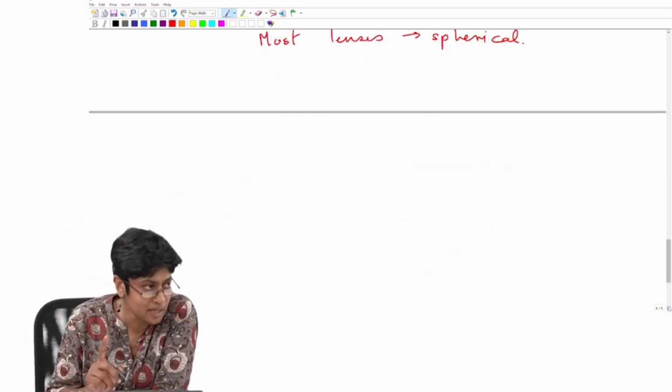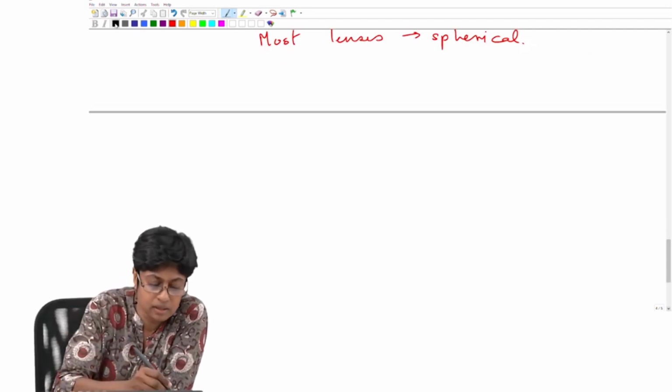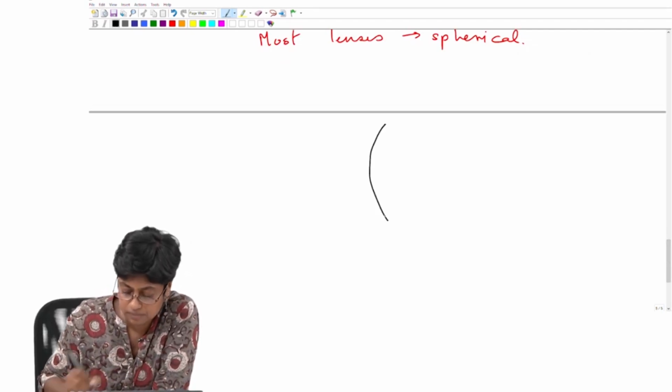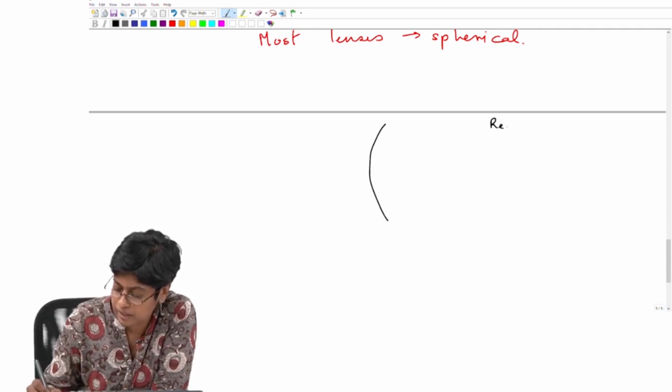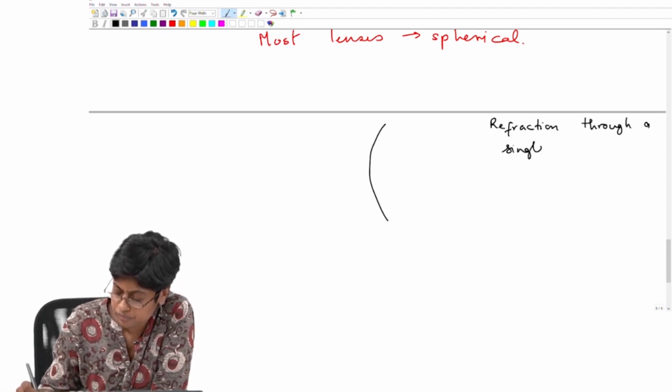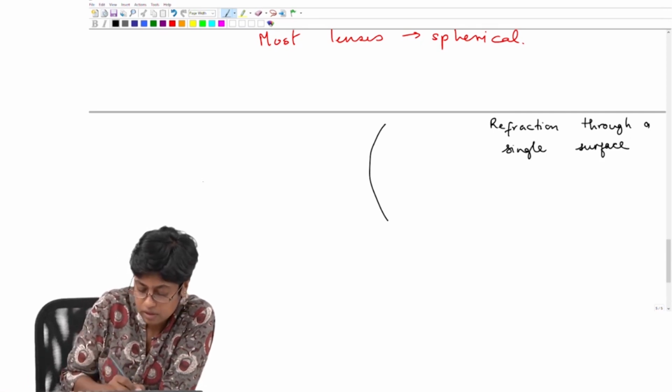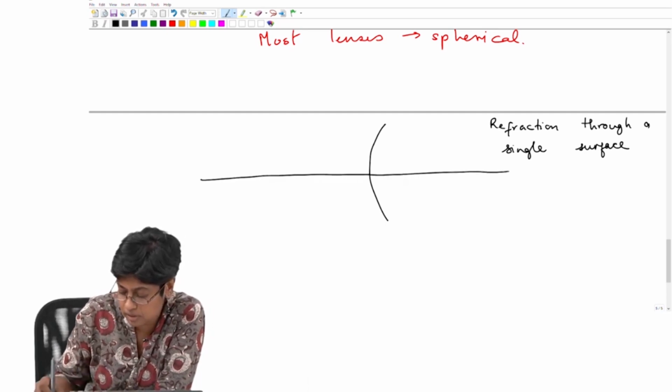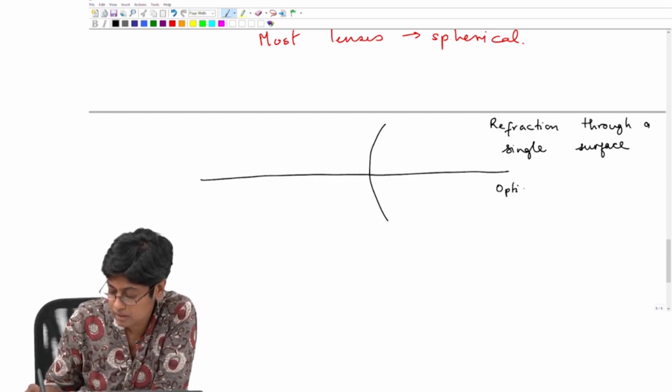Again, I am not yet starting with the lens, I am just taking a single interface. Okay, so let us say I am right now going to start off by looking at refraction through a single surface. Okay, so that is my single surface, that is the optical axis.